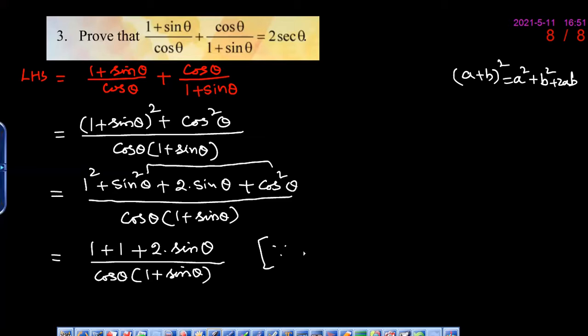We know that sin square θ plus cos square θ is equal to 1.